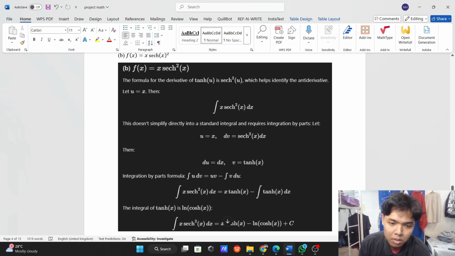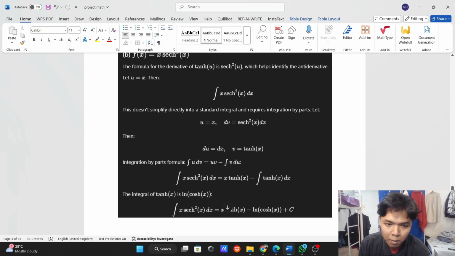So this doesn't simply directly simplify into a standard integral. It requires integration by parts. So first of all, we put u as x, and then dv as sech squared x dx, and then we will differentiate it. As du we got dx, and v we got tanh x as we integrate the dv.